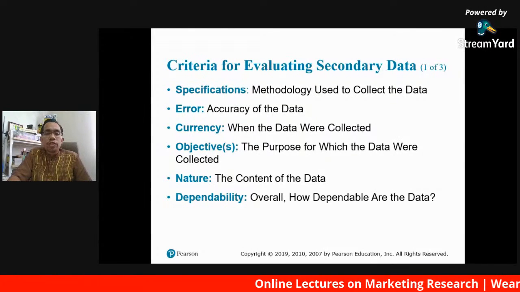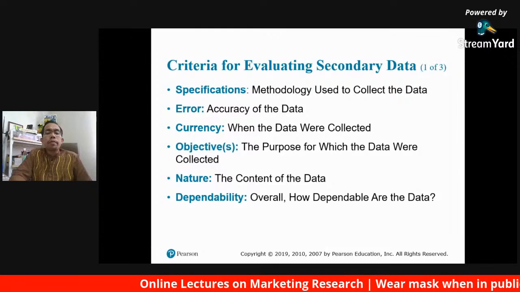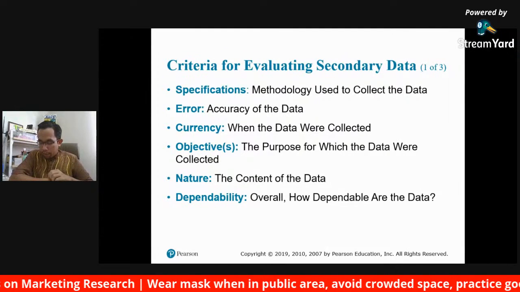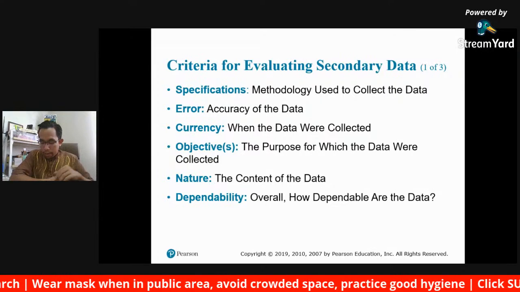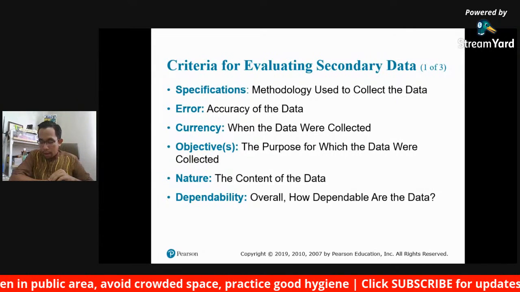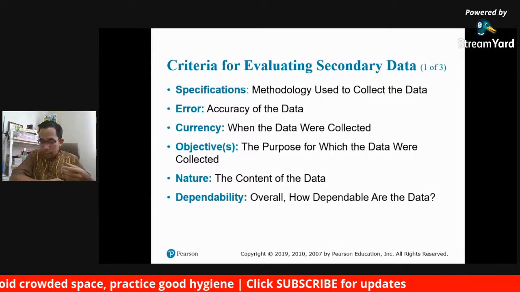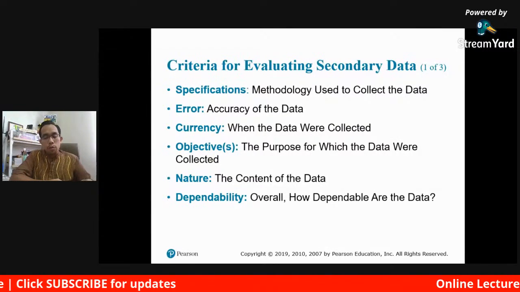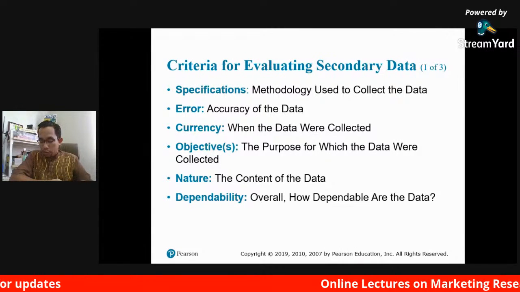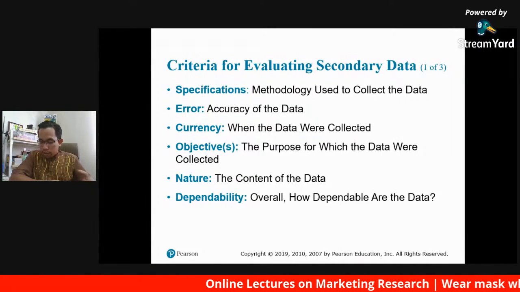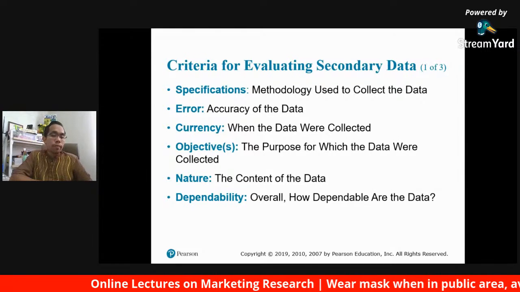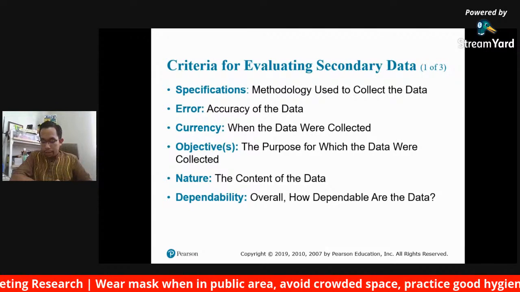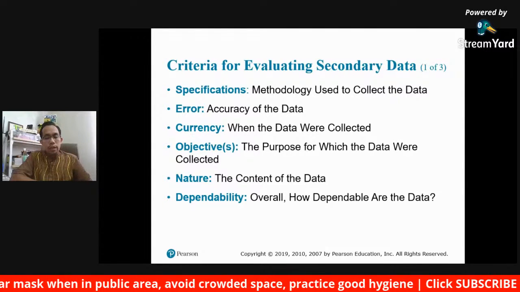So in terms of specification, the methodology used to collect data might be different. For example, some critical findings that they put into the report might not be suitable for us. Then the size and also nature of the data, response rate, and quality.